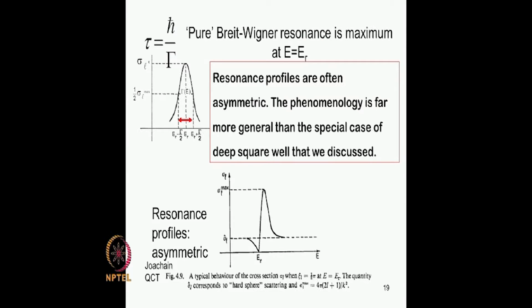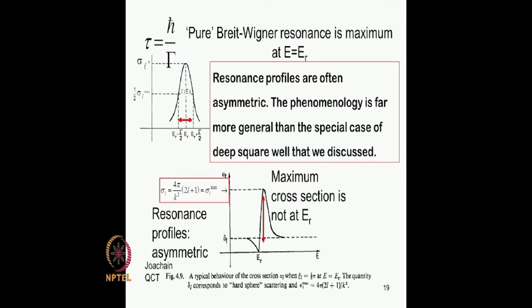And over this, the actual cross section has got a completely different symmetry. Okay, it is an asymmetric cross section, and obviously it has some value of q which is somewhere between minus infinity and plus infinity, and we can specify exactly what is the value of q for this particular shape resonance. Okay, so the maximum of the cross section, as you see, is not necessarily at the value of ER, it can be somewhere else.